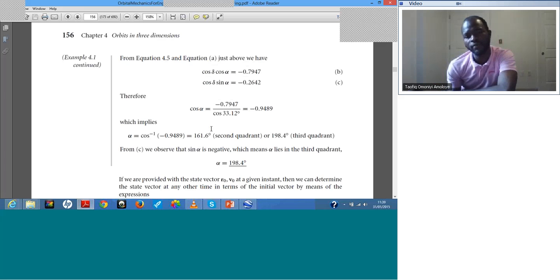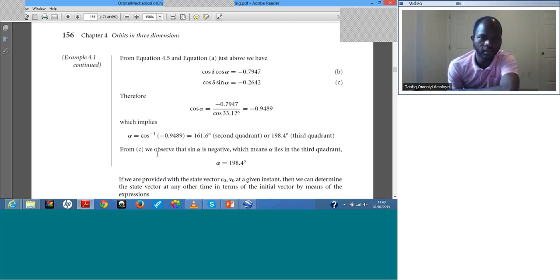But alpha might have the quadrant ambiguity because it varies between 0 and 360 degrees. So in order to actually know which quadrant you are talking about, one might need to see the sign of this direction cosine.